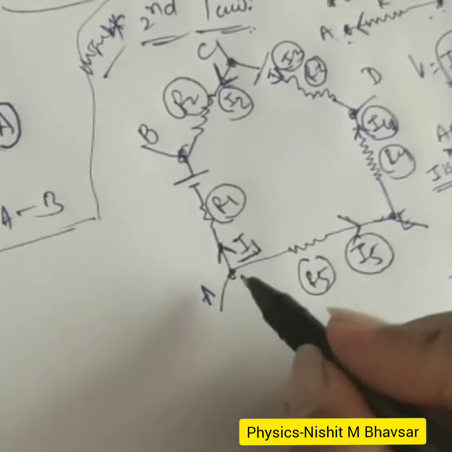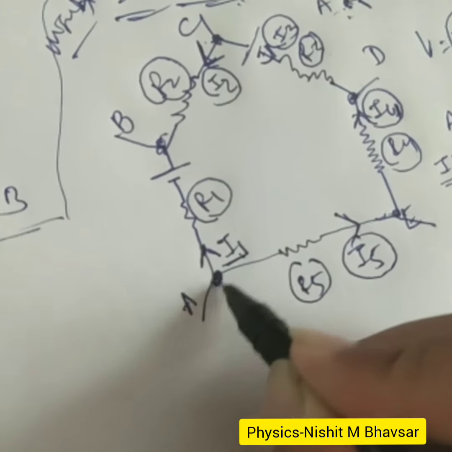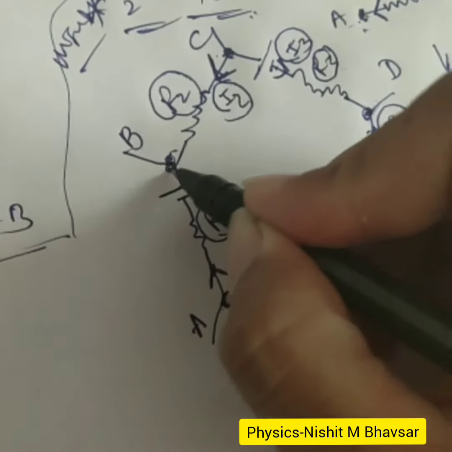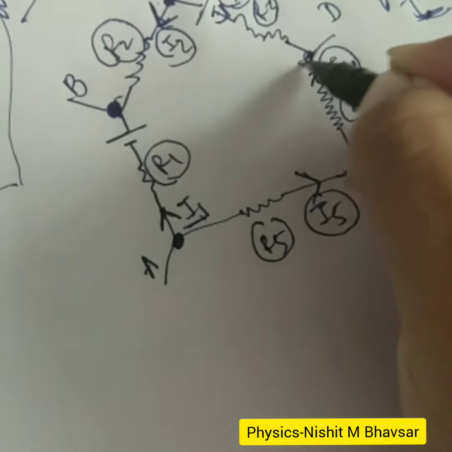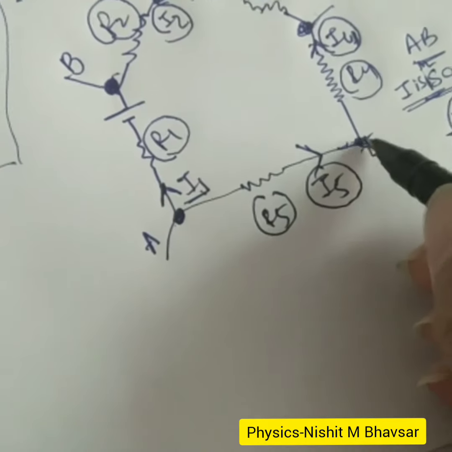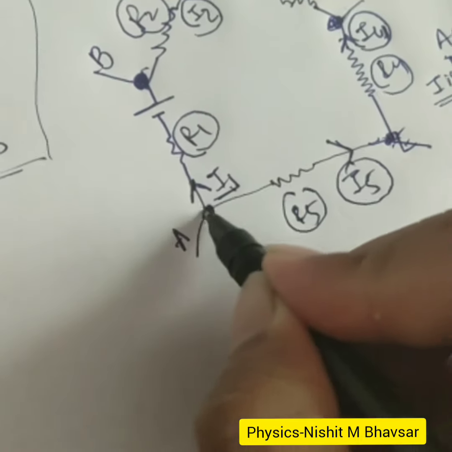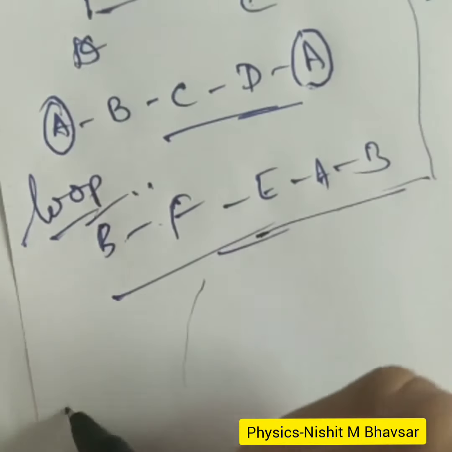We have a loop as shown in the circuit, starting from A to B, B to C, C to D, D to E, and E to A. This is the loop.